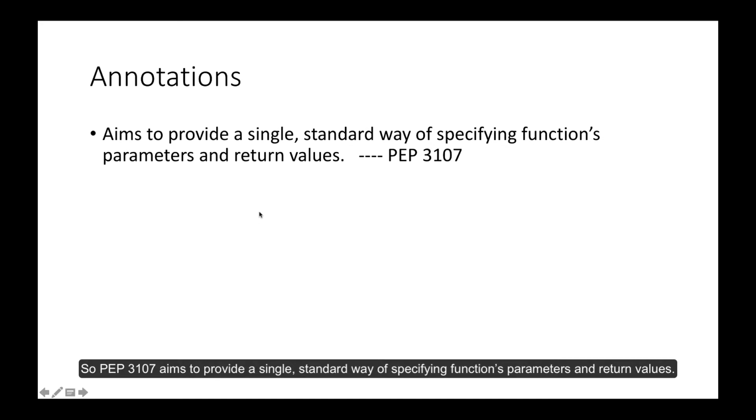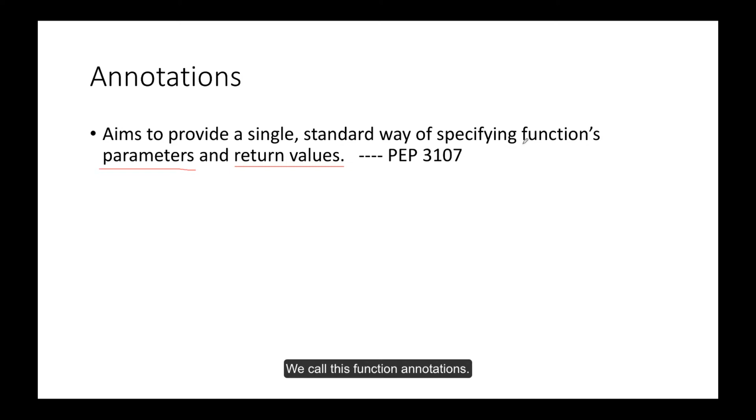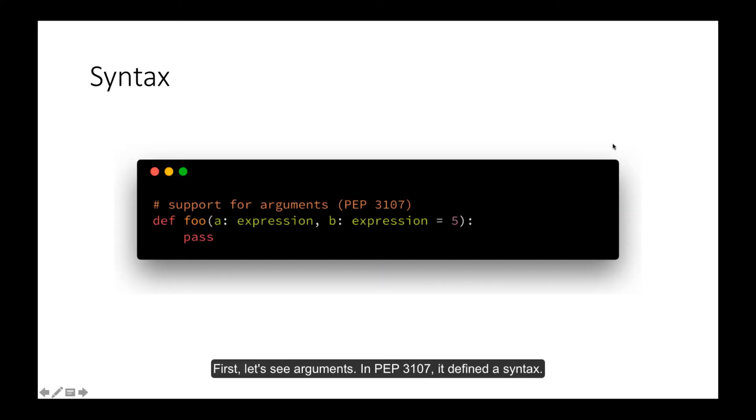So PEP 3107 aims to provide a single standard way of specifying functions, parameters, and return values. We call this function annotations. First, let's see arguments. In PEP 3107, it defined a syntax. We can use a colon followed by an expression after the argument name.